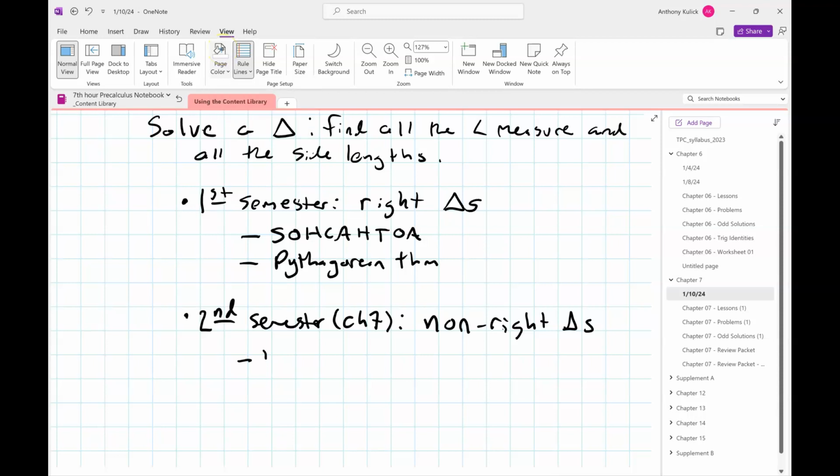Well, in chapter 7, we're going to look at two new formulas, and those will be our tools. The first one is the law of sines, which I'm going to abbreviate LOS. And the second is the law of cosines, which I'll abbreviate LOC.